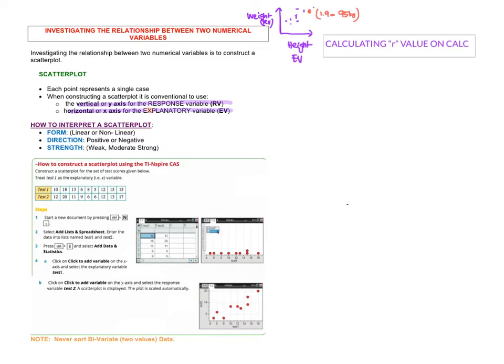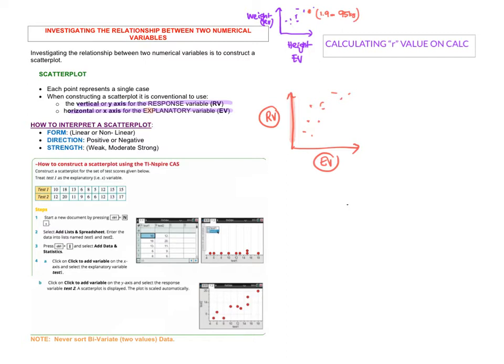So we are going to draw these, or we get given these scatter plots, and we've worked out the response variable and explanatory variable, and we end up plotting these graphs.